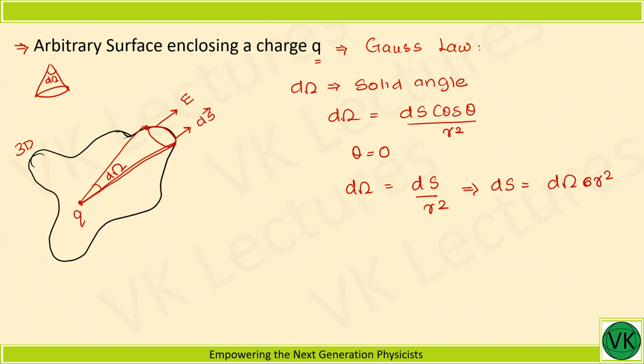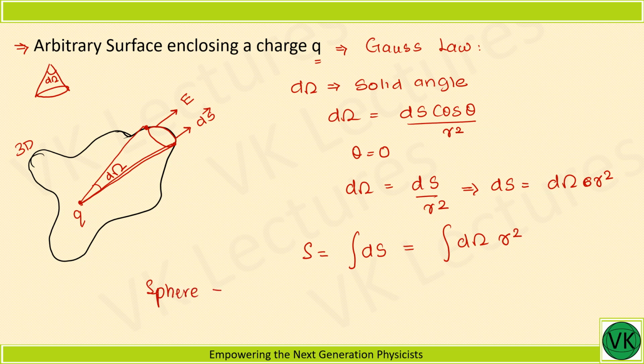Now here we can calculate the total surface. Integral s is equal to integral ds, that's equal to integral d omega r squared. Now let's say we are going to calculate it for a sphere.